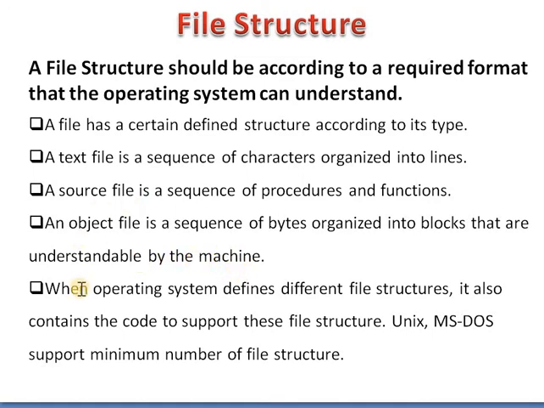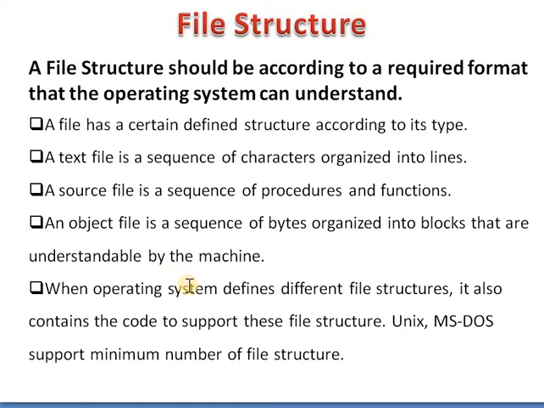When the operating system defines different file structures, it also contains the code to support these files. Unix and Microsoft DOS support a minimum number of file structures. In short, the structure of files is mainly of three types.